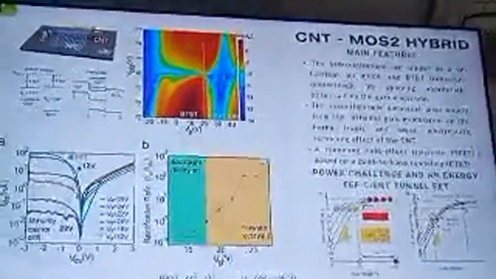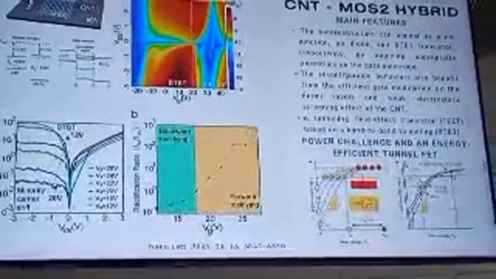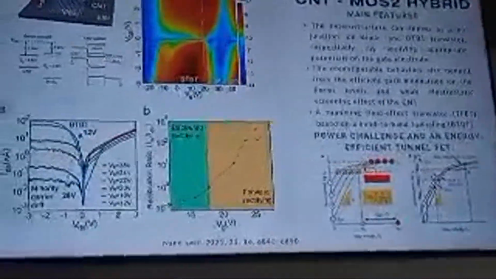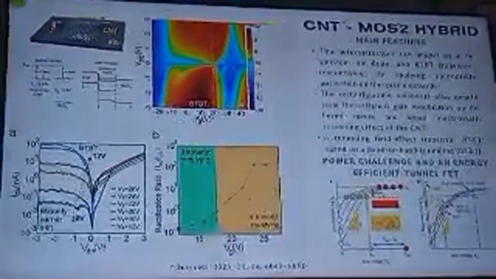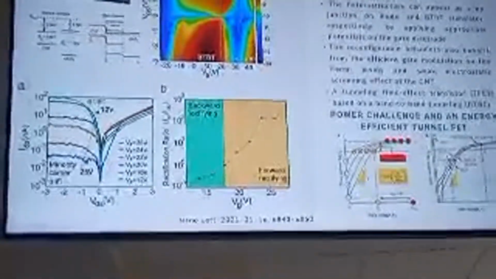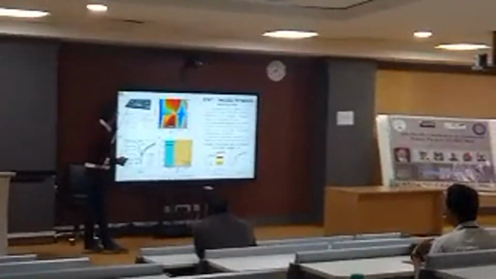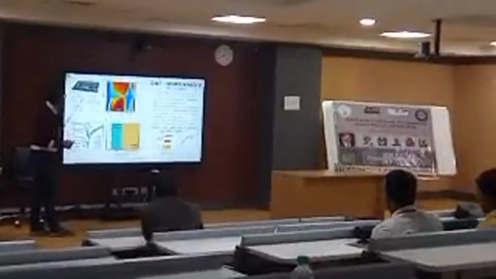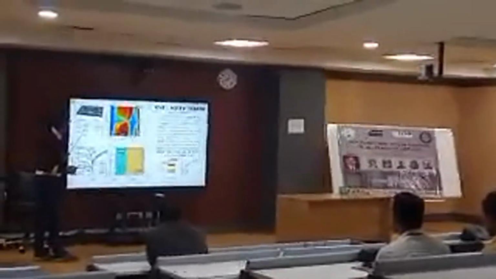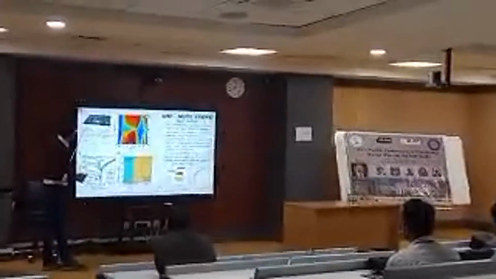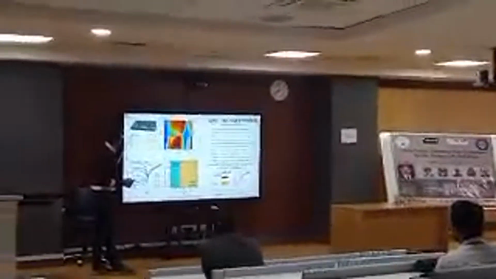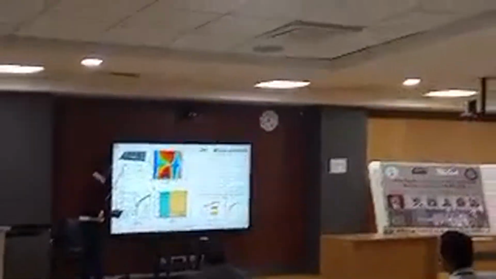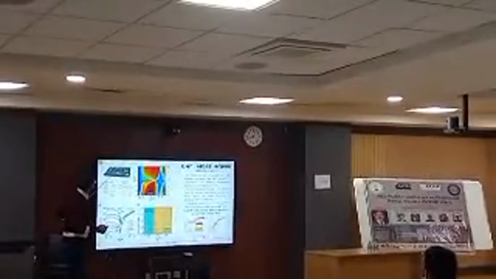Here, as you can see, the architecture is something like this. This is carbon nanotube, and then there is MoS2 on top of it, and you can measure the current between this and this. Conventionally, we used to measure the current between carbon nanotube and carbon nanotube in these two contacts, but here the measurement is like this. So there will be some current flowing through this channel, right?